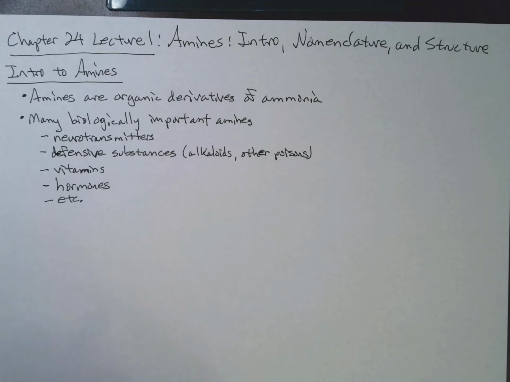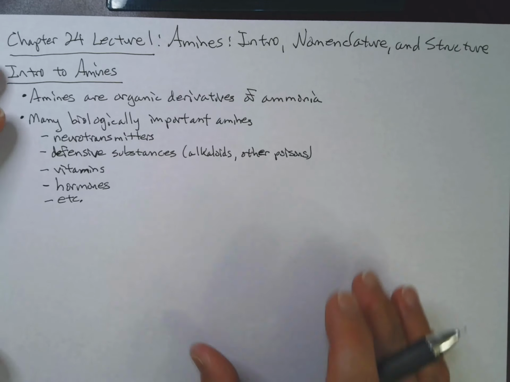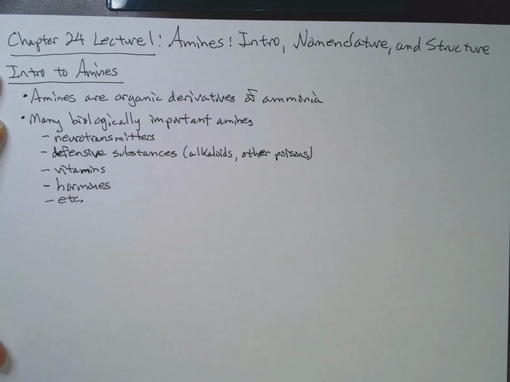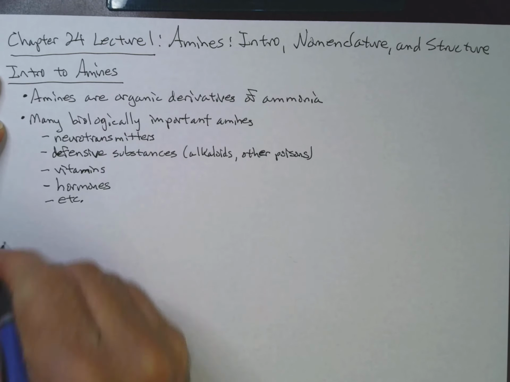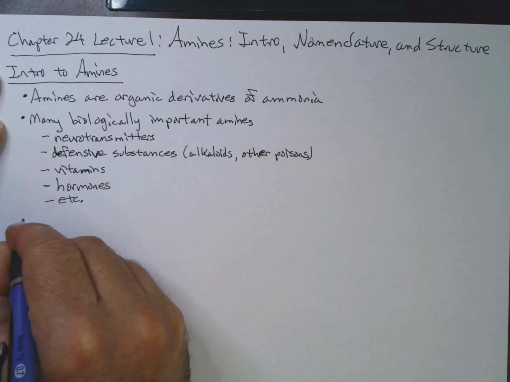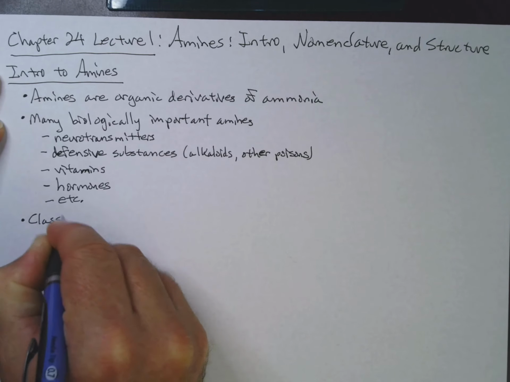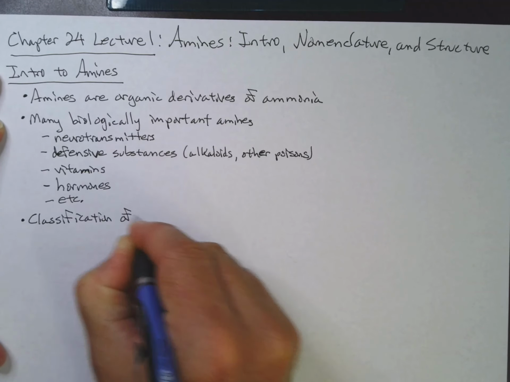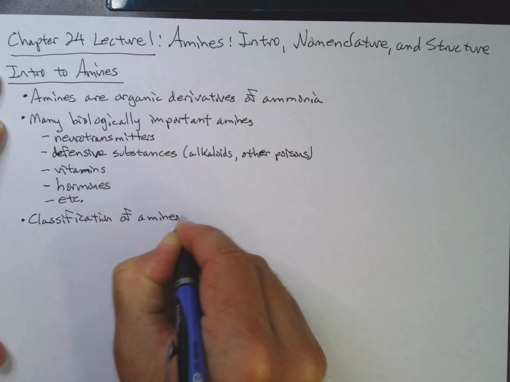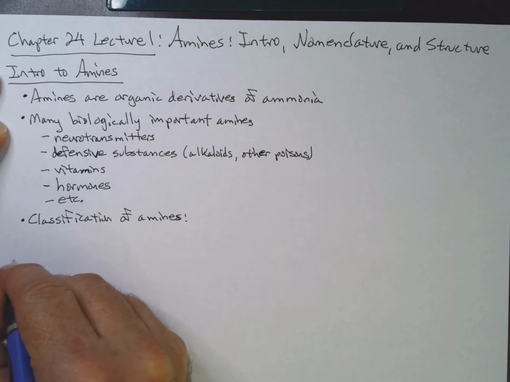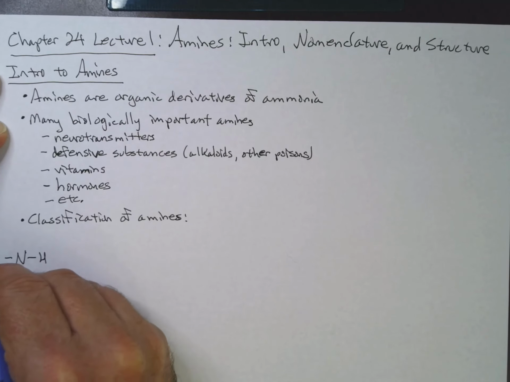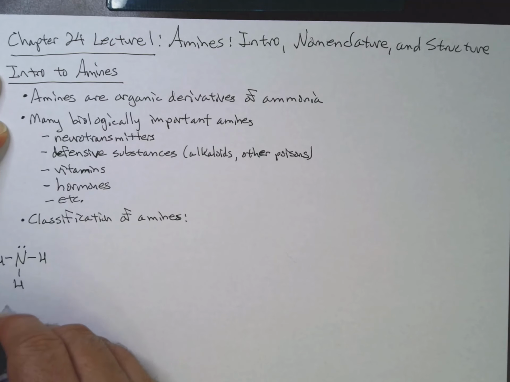Okay, so let's take a look then at some amines here. Let's call it classification of amines. Now of course if we have NH3, that is simply ammonia.